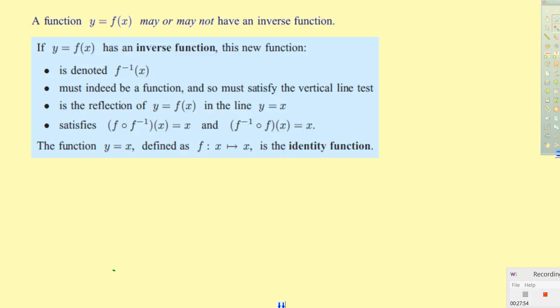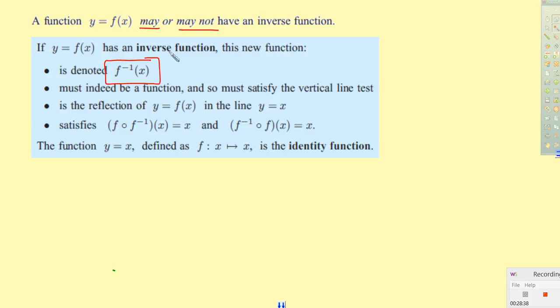A function may or may not have an inverse, and it's going to be determined by several things. Okay? So if y equals f of x has an inverse function, then the new function is going to be called f inverse of x, and we've already determined that. So the inverse of it will be f to the negative 1 power of x.